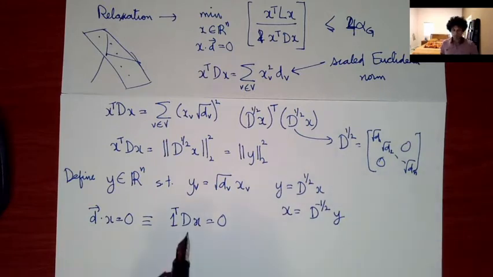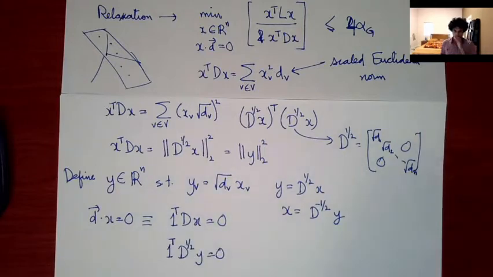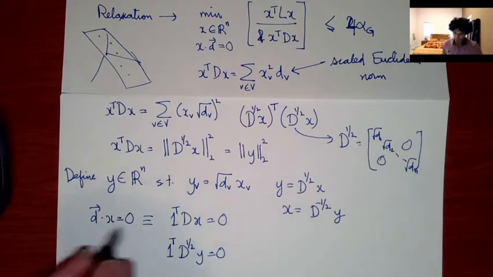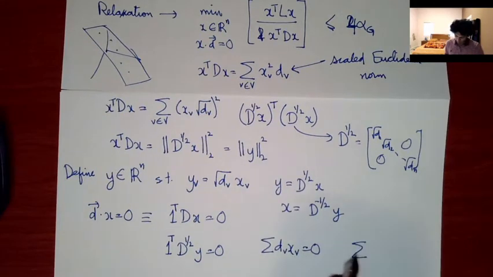If we plug this in over here, we get 1 transpose d half of y is equal to 0. I'm just writing this in many different ways so that you see it. d times x is 0 simply means that the summation of dv xv is equal to 0. I can write that as the summation of root dv yv is equal to 0.